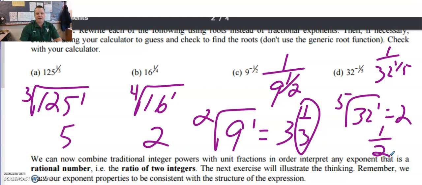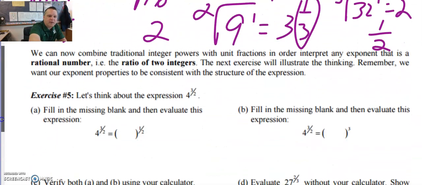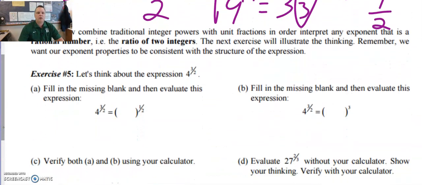Again, if I'm going too fast, you can pause it, you can slow it down, trying to get it into 15 minutes for you. Okay? Now, when we're thinking about the expression 4 raised to the 3/2 power, fill in the missing blank and evaluate the expression. So if we have 3/2, and we already have the 1/2 and the base of 4, we're missing the 3.